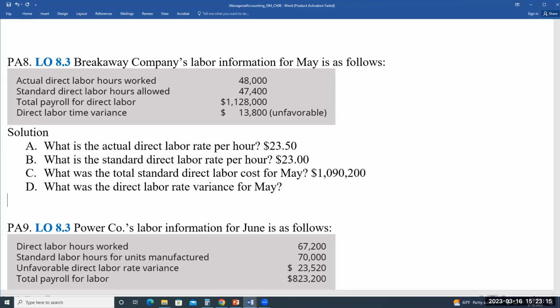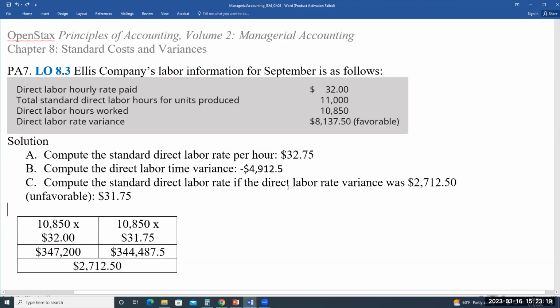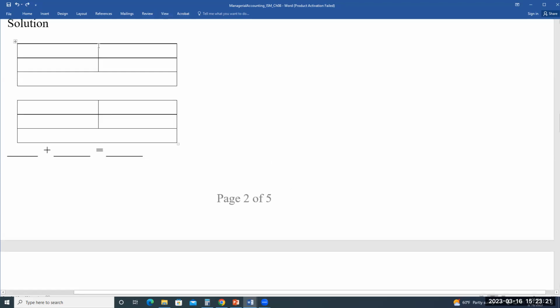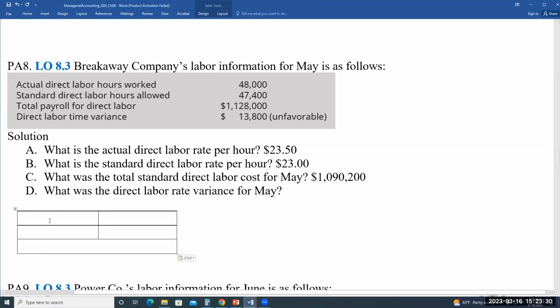Okay, I'm just gonna do that one. Just gonna do the table method here. Okay, rate variance. So that's actual hours times actual rate minus actual hours times standard rate.